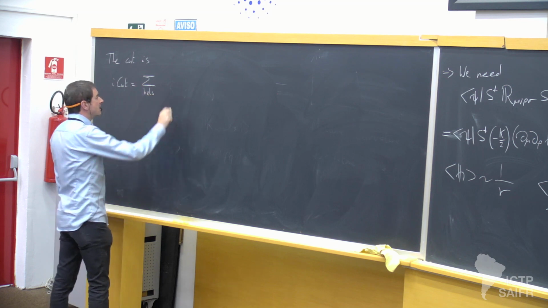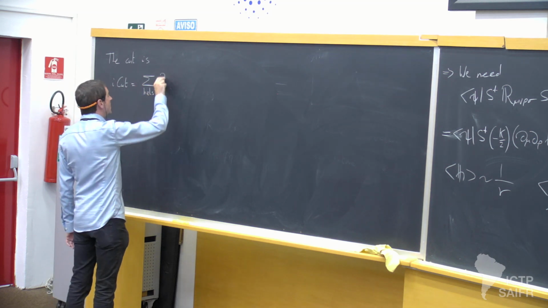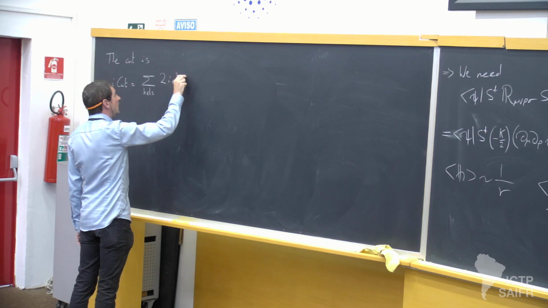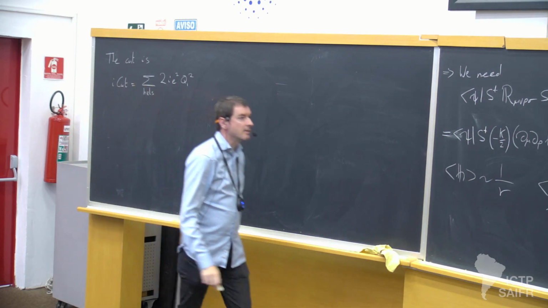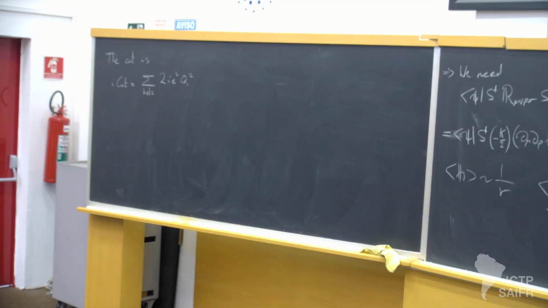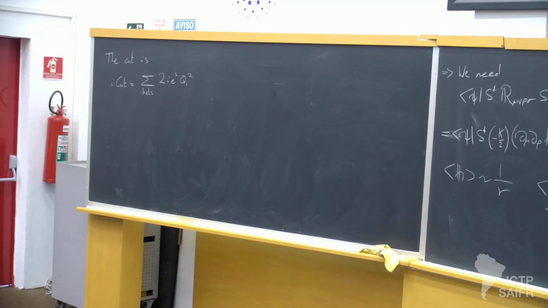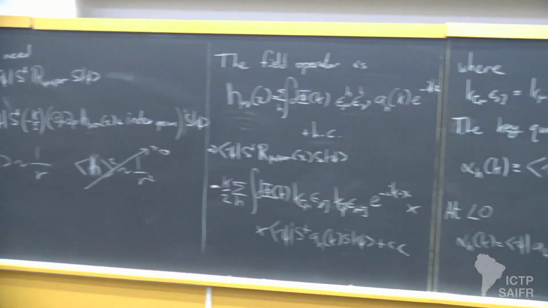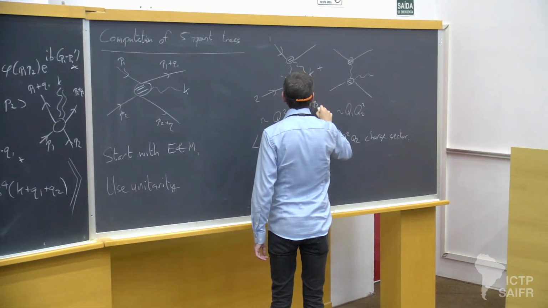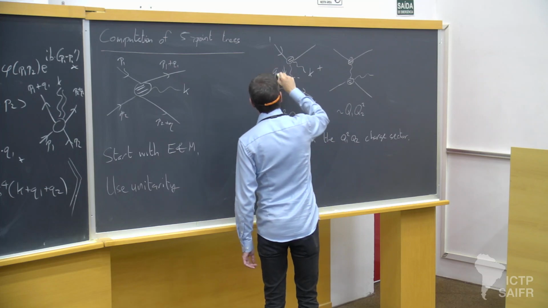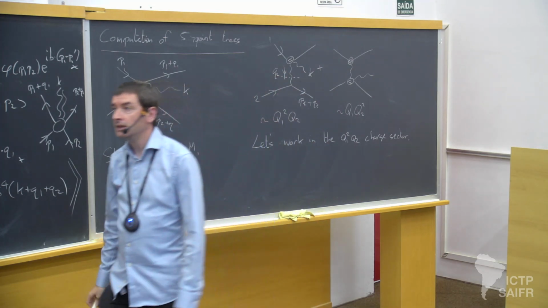Over helicities, the upper Compton has a 2i e squared q1 squared. I need some notation. So there's momentum k coming out. That is p2 plus q2. So I guess there's a momentum q2 crossing that cut.